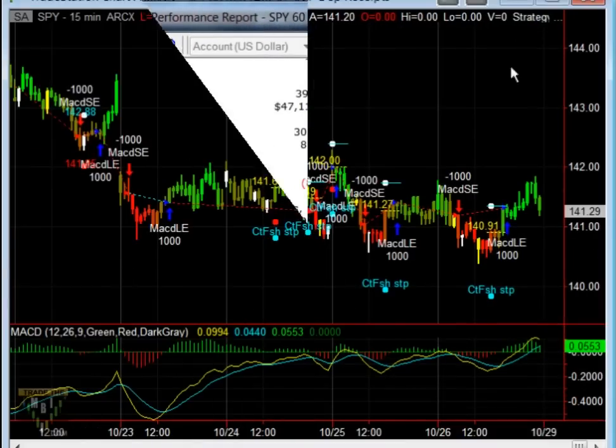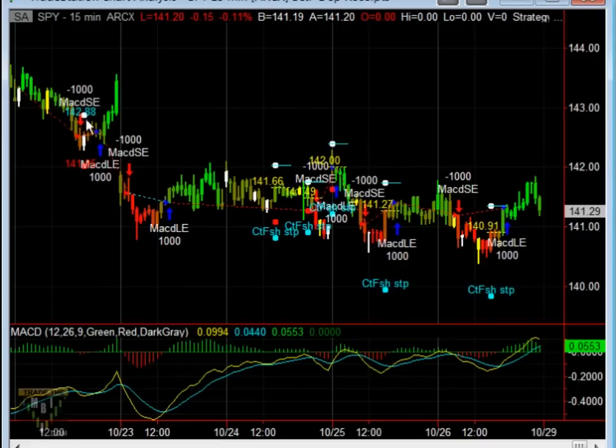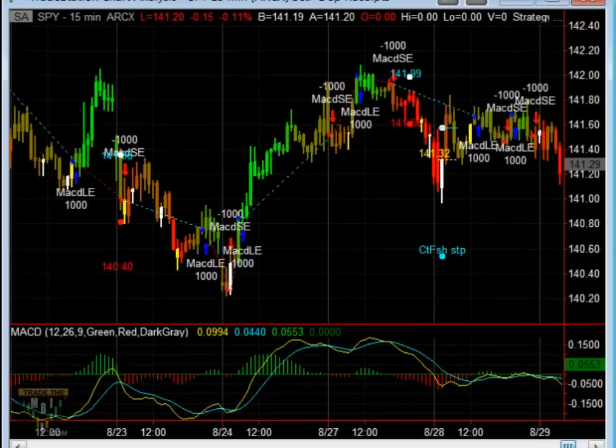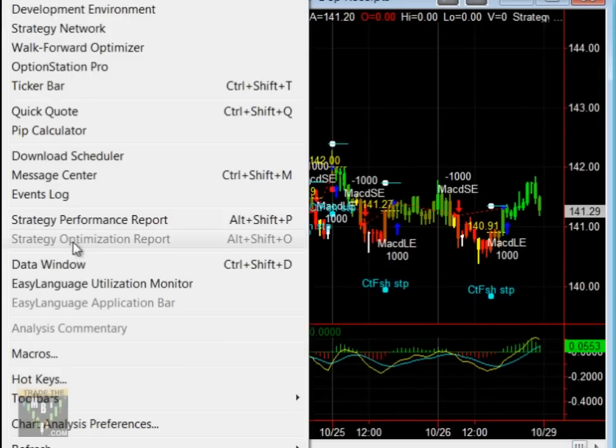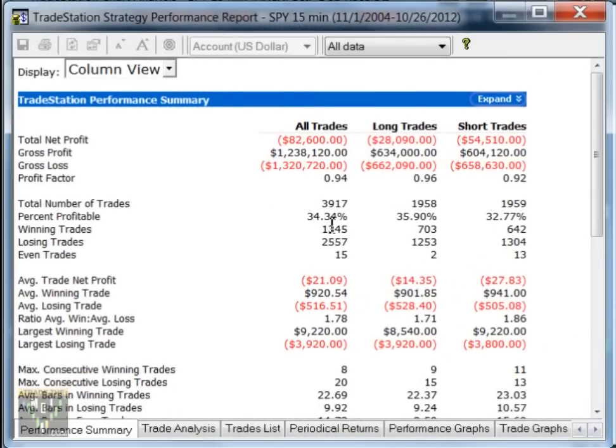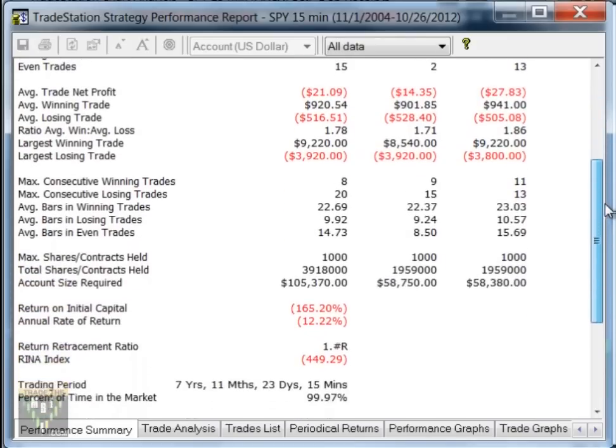Not attractive at all. So let's try 15-minute. Maybe it gets better as we go, because a lot of people use this for intraday trading. I'm looking at it, and we've got lots of various trades going up and down. So, okay, it's functioning. That's the most important thing. Let's look at our report. Wow, that's still awful as far as the percentage goes. That's not going to get you anywhere.